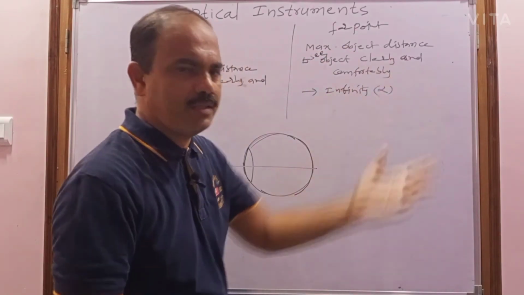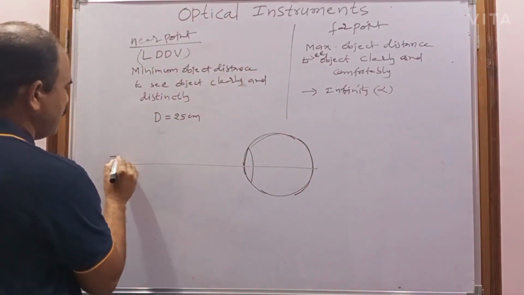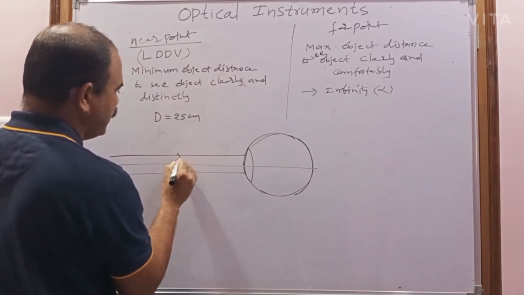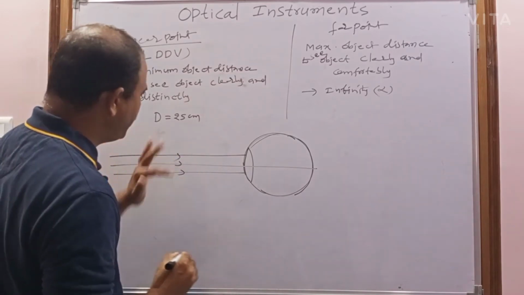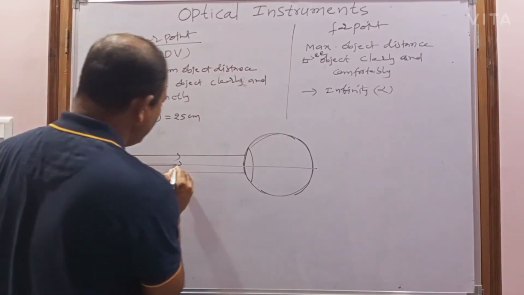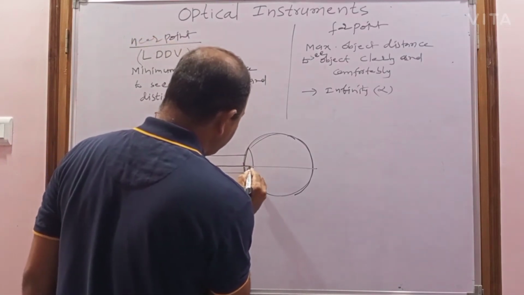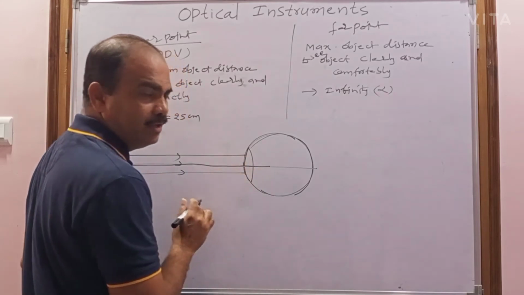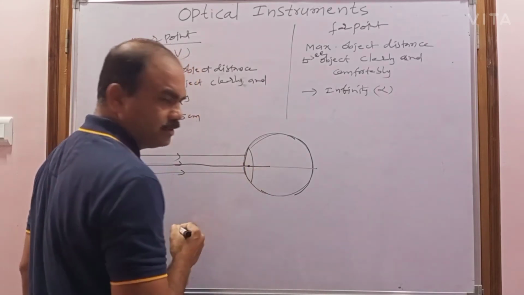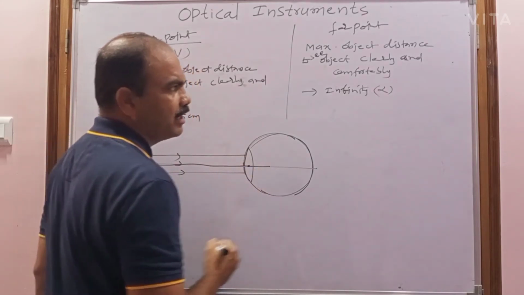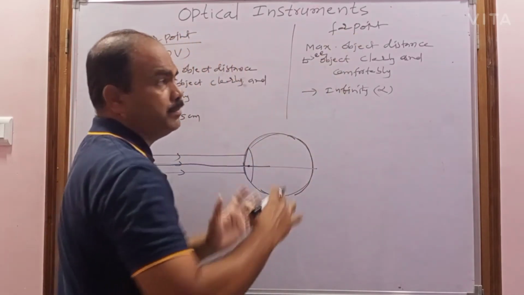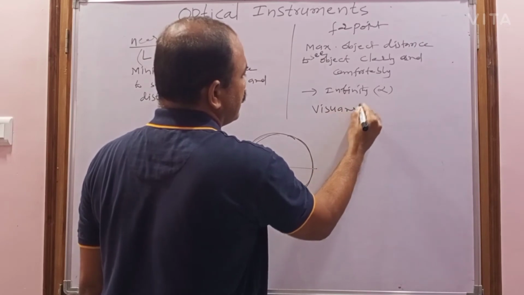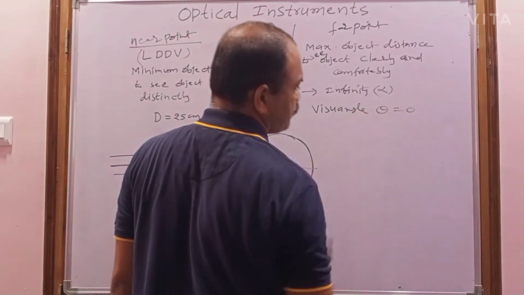Infinity. When the object is at infinity, the rays coming from the object are parallel to each other and parallel to the principal axis. So this is a ray parallel to the principal axis. The angle made by this ray at the optic center of the lens will be 0. When the object is at the far point, the visual angle is 0.